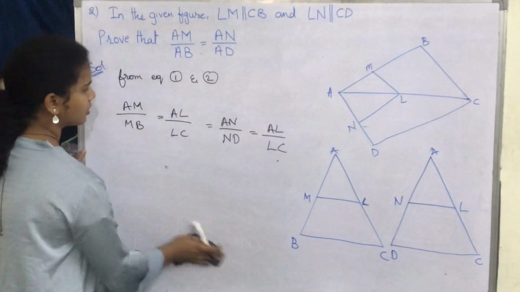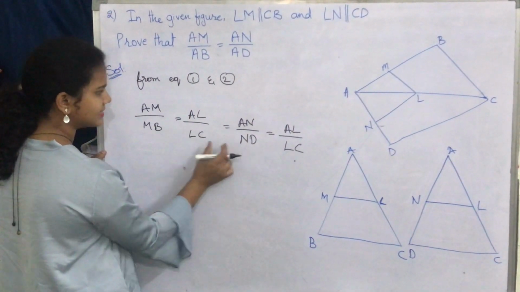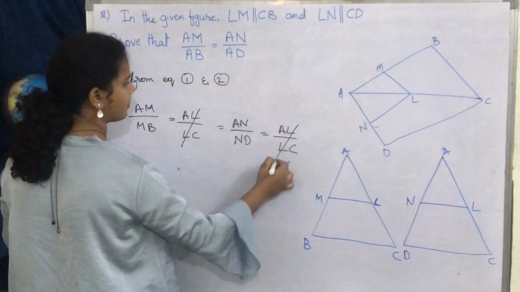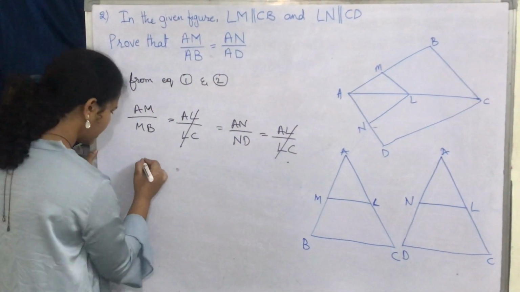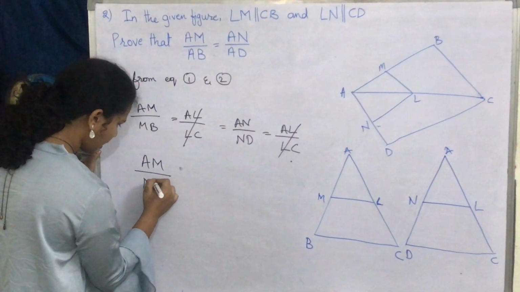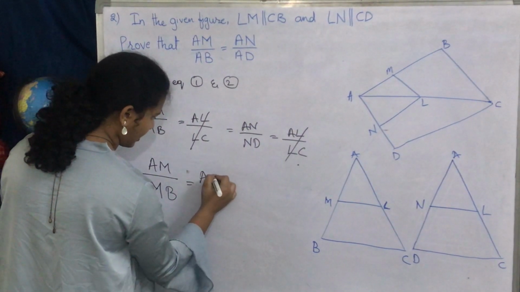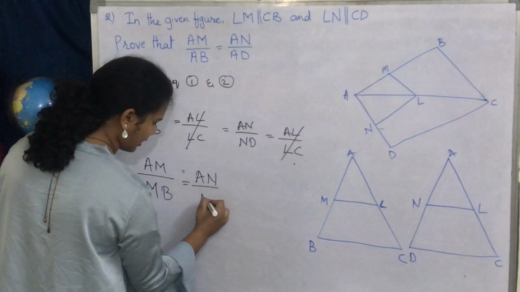We got two equations. AL by LC, AL by LC gets cancelled. Now here we have AM by MB equals AN by ND.